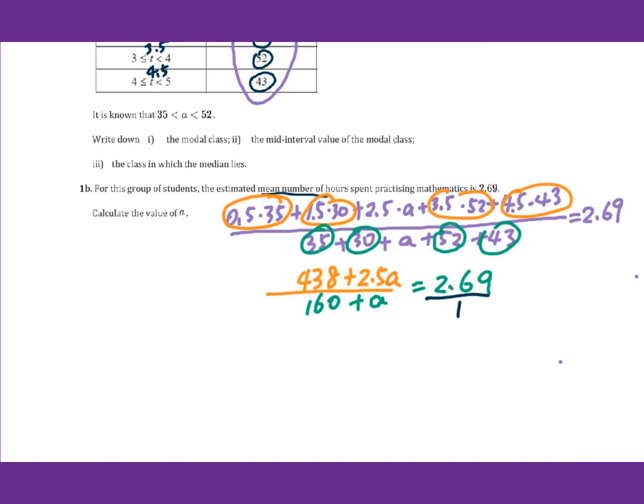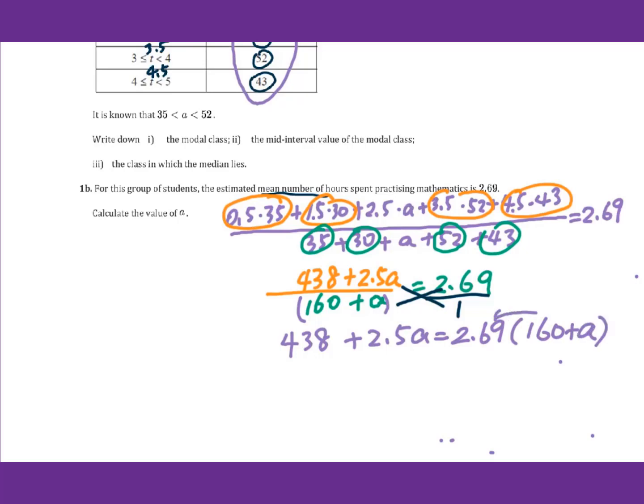Then you do cross multiply. When you do cross multiply, make sure you have 2.69 multiplied by these two separately. So I have 438 plus 2.5A equals 2.69 times 160 plus A. So we do the distributive property.